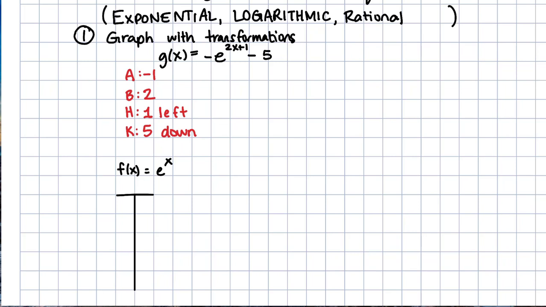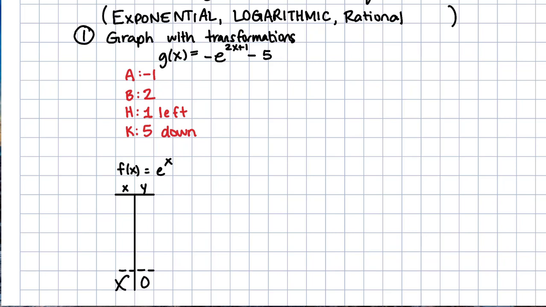I'm going to make sure to track at least 3 points on the function, and since this parent function has an asymptote at y equals 0, I'm going to make sure to track the asymptote. I'll do the asymptote part first, and since it's a y, I'll put the 0 in the y column.